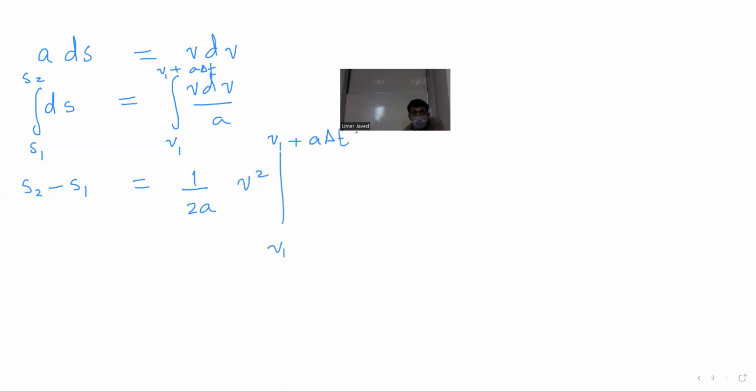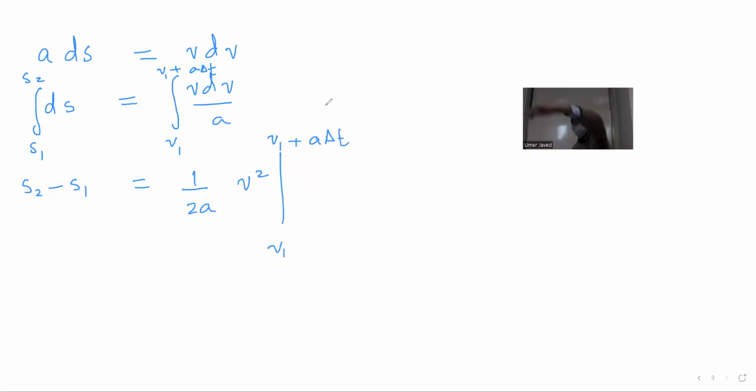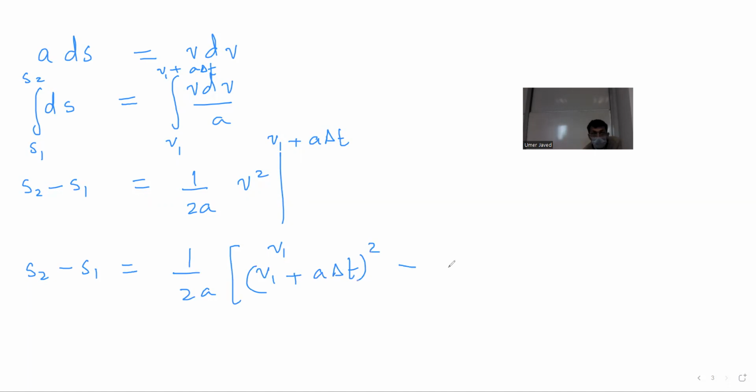Everyone is clear, right? Instead of V2, I am writing from the previous slide V1 plus a delta t. Now I will write S2 minus S1 equal to some crazy maths. We will have V1 plus a delta t square minus V1 square. You do the maths and tell me the expression.